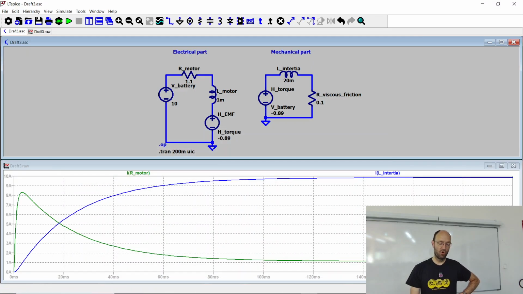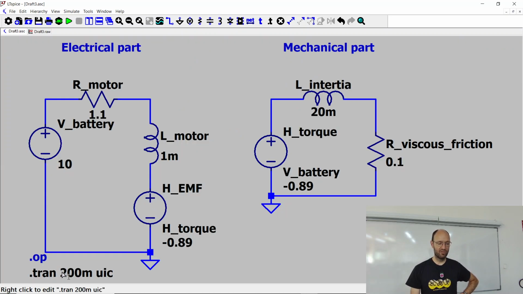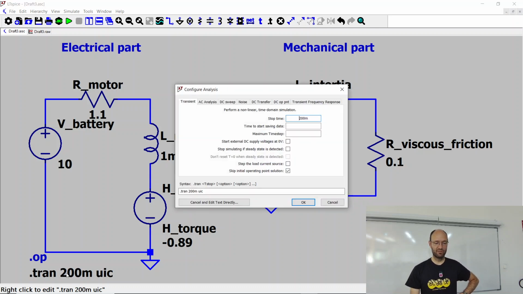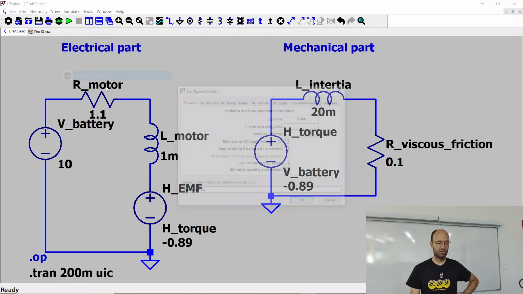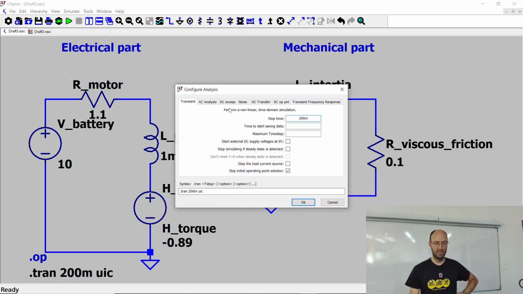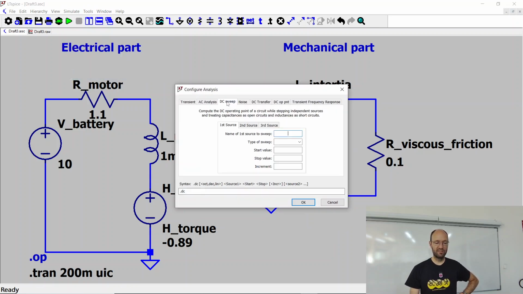So I hope, I've not tried before, that we can also do this here. So I will enlarge my circuit and we go back to the simulation settings. So use the alternative mouse button to click on the simulation setting or go to simulate and configure analysis. And then we want to have a DC sweep.